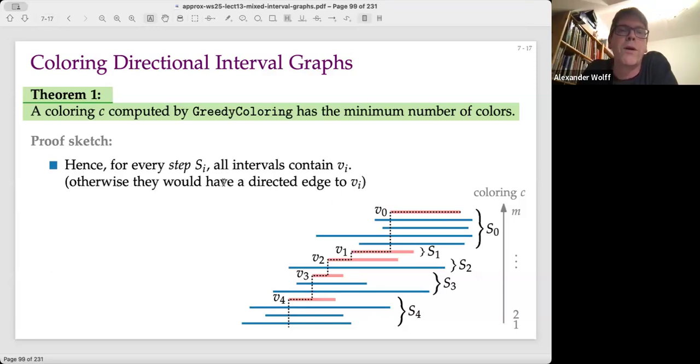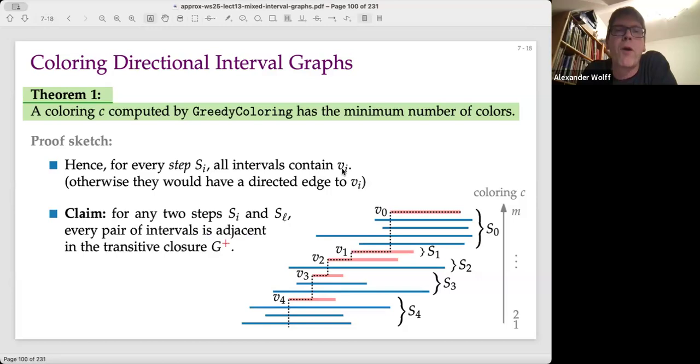So for each of these steps, all intervals contain the upper red interval. Now I claim that for any steps Si and Sl, every pair of intervals is adjacent in G+. And if I have proven that, then the whole thing is a clique, and then I have a good justification why I needed so many colors for coloring them.